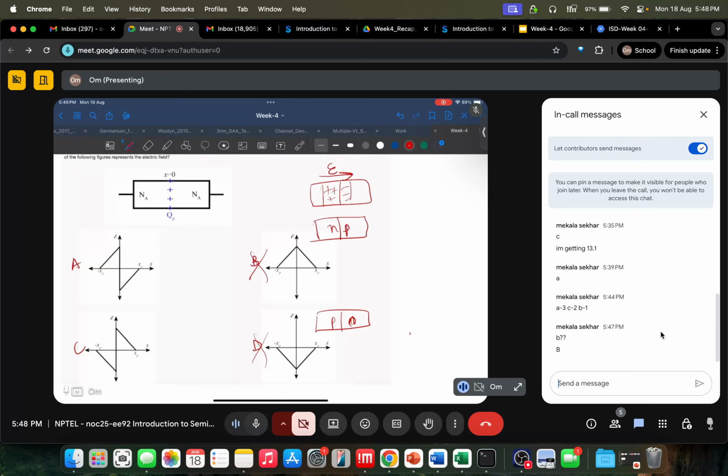Just think about Poisson's equation. In which direction the electric field should be according to the charge, then answer.